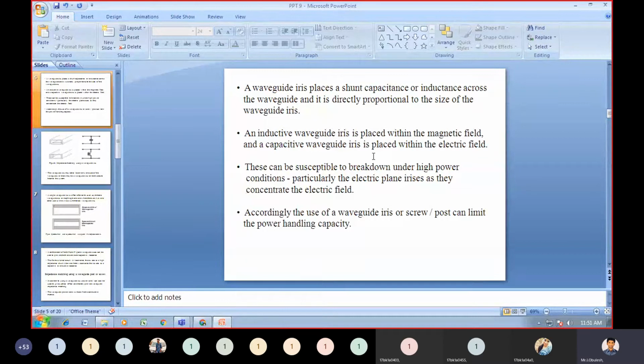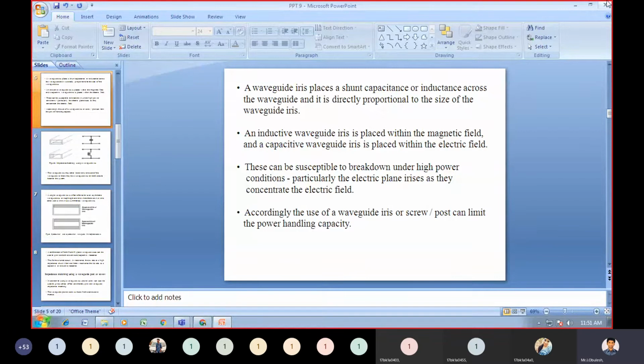A waveguide iris places a shunt capacitance or inductance across the waveguide, and it is directly proportional to the size of the waveguide iris.